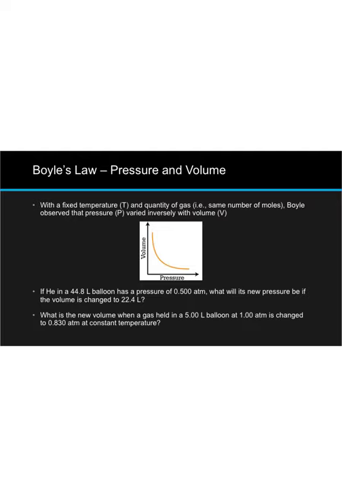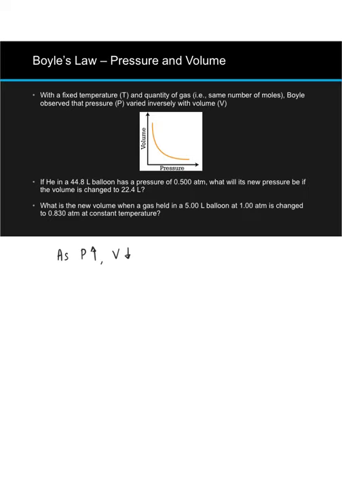So as pressure goes up, volume goes down for a gas, which makes intuitive sense. If we apply pressure to a gas, if we compress a gas, we expect it to decrease in volume. As pressure goes up, volume goes down. Graphically, if we plotted the pressure of a gas versus the volume of a gas, we would expect an inverse relationship.